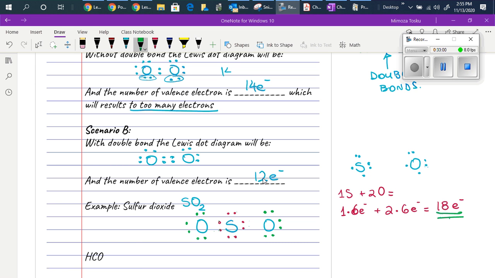Since we have more electrons than what is available, we will erase 2 of them and place them as the double bond. So now let's count the electrons: 1, 2, 3, 4, 5, 6, 7, 8, 9, 10, 11, 12, 13, 14, 15, 16, 17, 18.